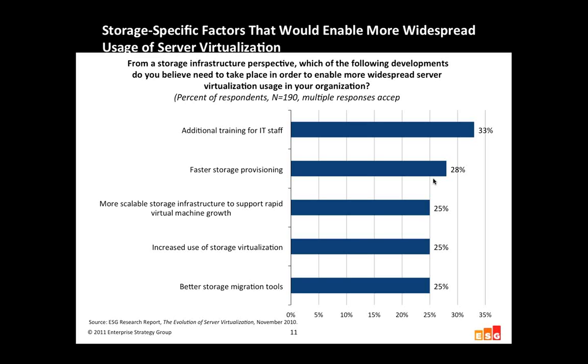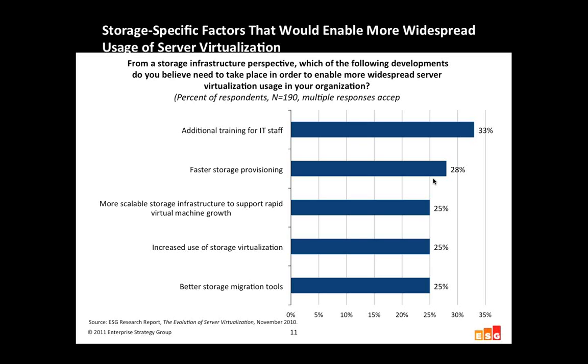More scalable storage infrastructure, we just talked about that, and increased use of storage virtualization. What people are finding as they're moving down the server virtualization path is that all the attributes associated with a virtual server world become mismatched and misaligned when we're talking about physical monolithic storage.